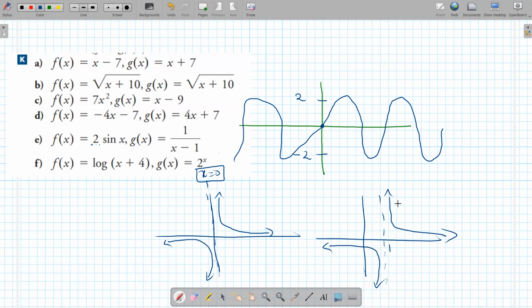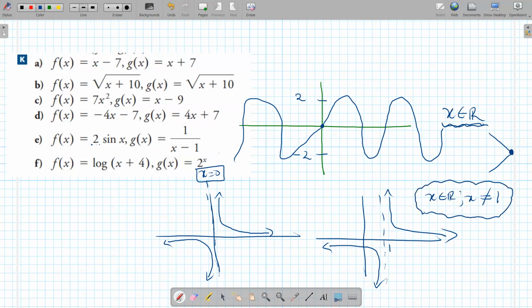It'll be everywhere except for 1, okay? Because the domain for the sine function is all reals, and the domain for the reciprocal function is all reals except 1. x cannot be 1. If one of them is valid everywhere, then the combined domain will be the more restricted of the two. So the combined domain is also going to be this. Cool? Does that make sense?